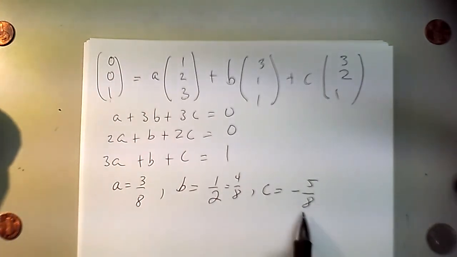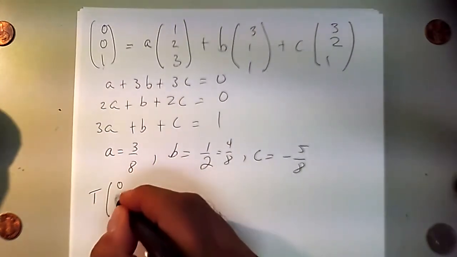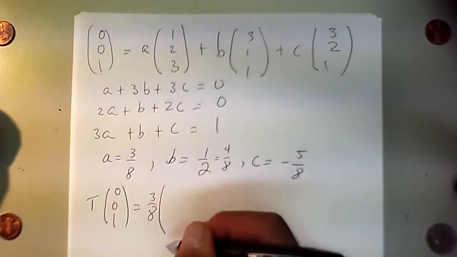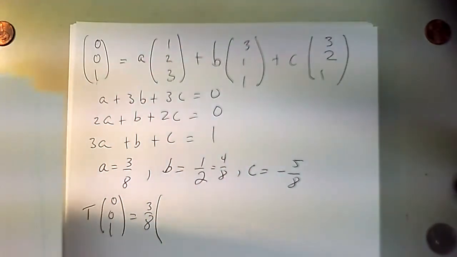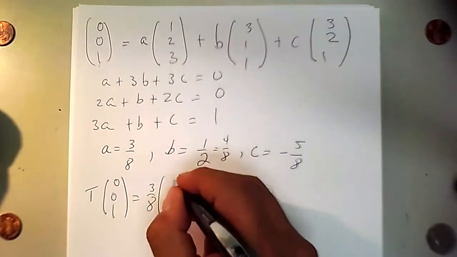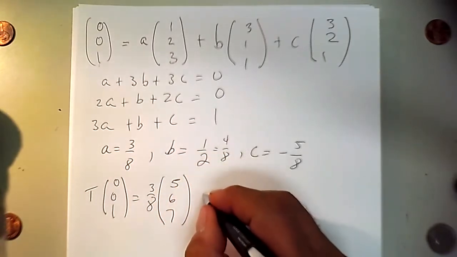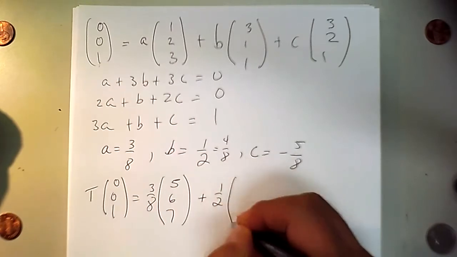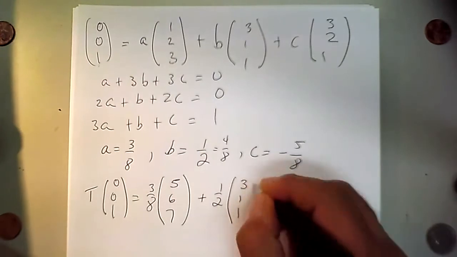This is the coefficients of those. So t of 0, 0, 1 will be 3/8 of t of 1, 2, 3, which is 5, 6, 7, plus half of 3, 1, 1. I'm almost memorizing those by now.